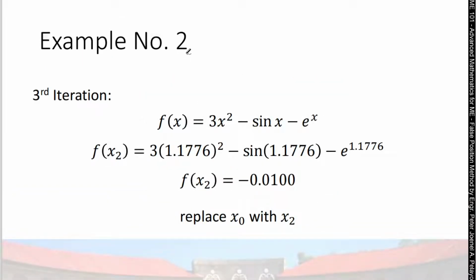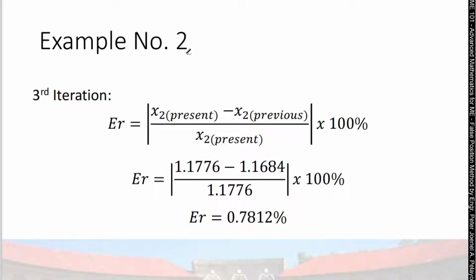Still in the third iteration, we substitute 1.1776 into 3x squared minus sin x minus e raised to x. We get f(x2) equal to negative 0.0100. Replace x0 with x2. The error is 1.1776 minus 1.1684 all over 1.1776, absolute value times 100%, which is 0.7812%.